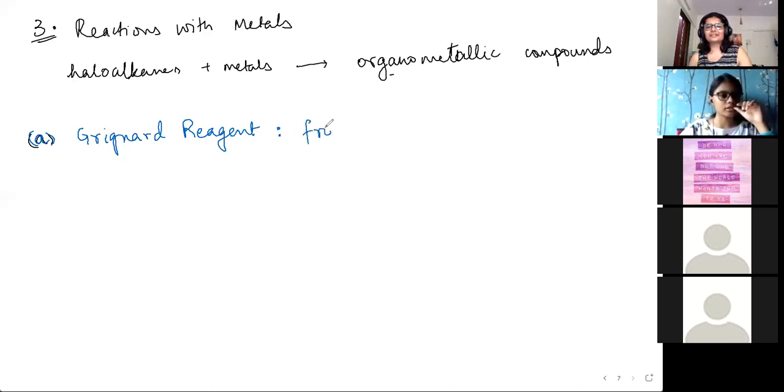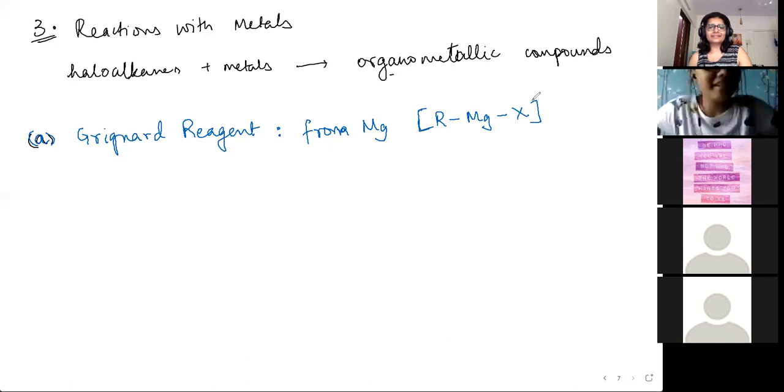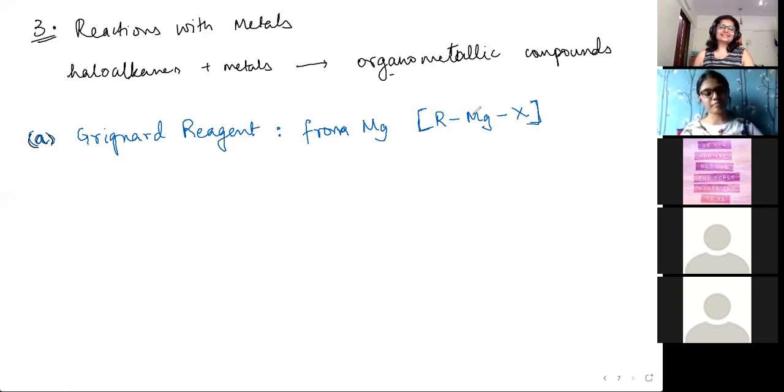So it's R, magnesium and X, right? Yes. So clearly you can see why we are studying it under haloalkanes. It's literally magnesium getting in between halo and alkane.